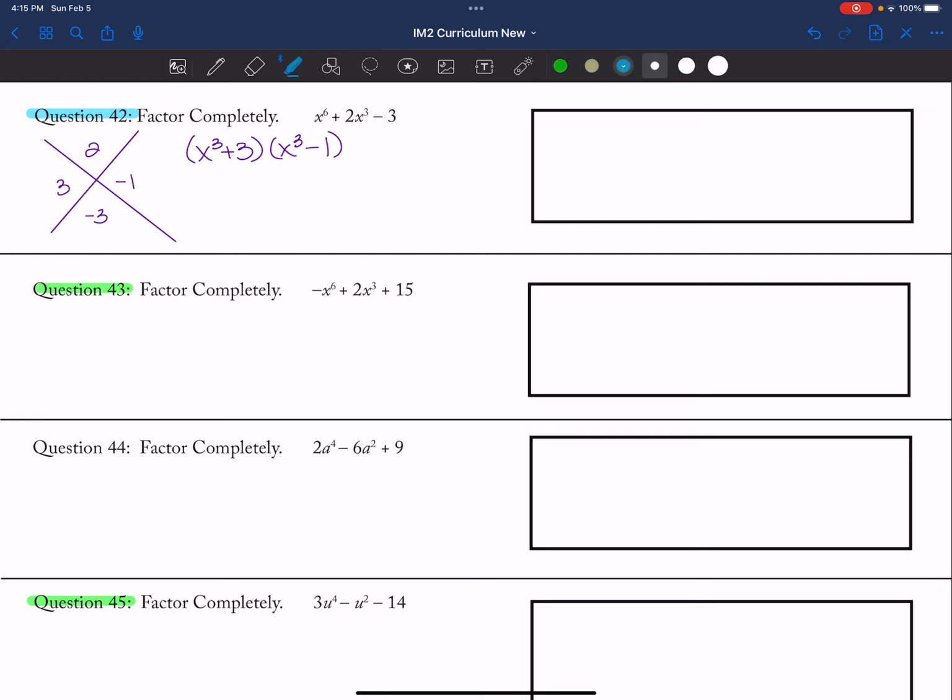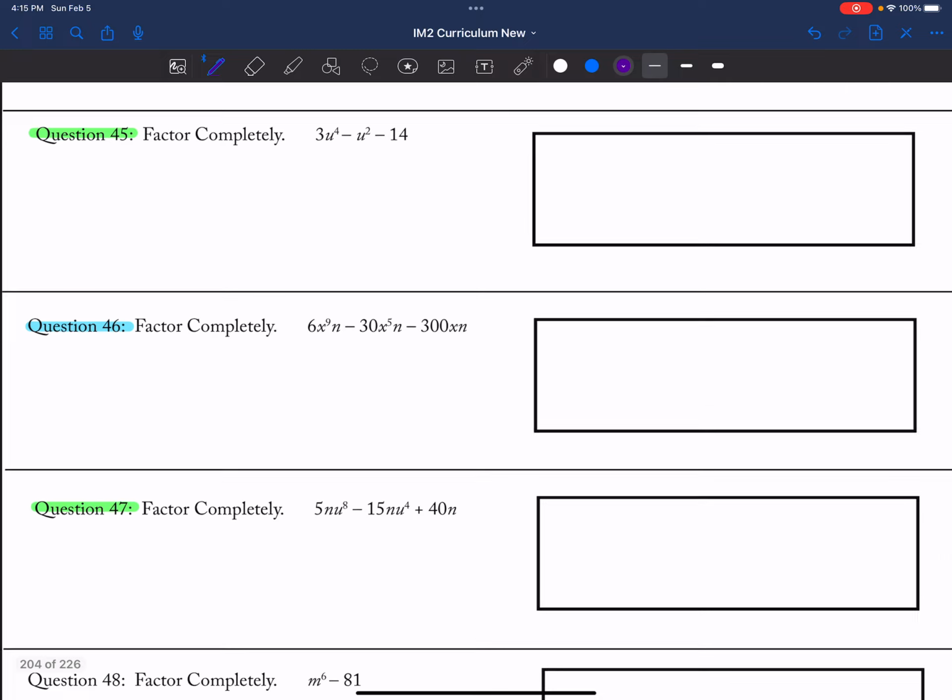Now this x cubed minus 1 here factors to a difference of cubes. So I have x cubed plus 3 and x minus 1 and x squared plus x plus 1. So x cubed plus 3, x minus 1, x squared plus x plus 1.